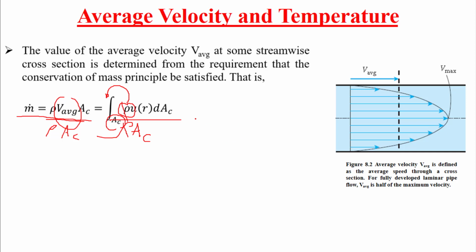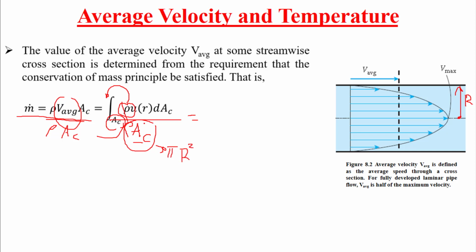Instead of the cross-sectional area, I can substitute, if the pipe radius is capital R, pi R squared.